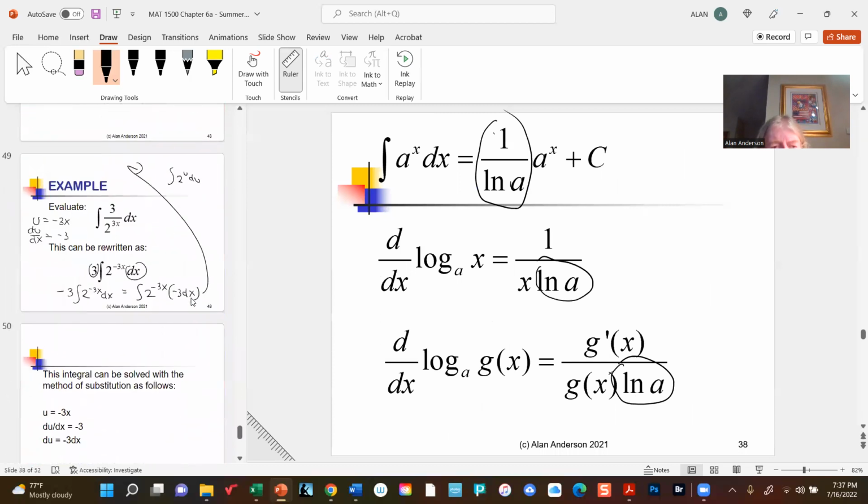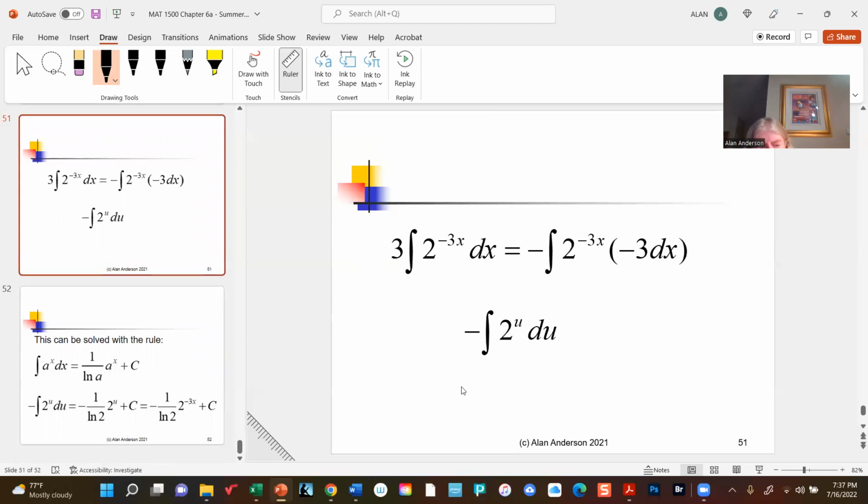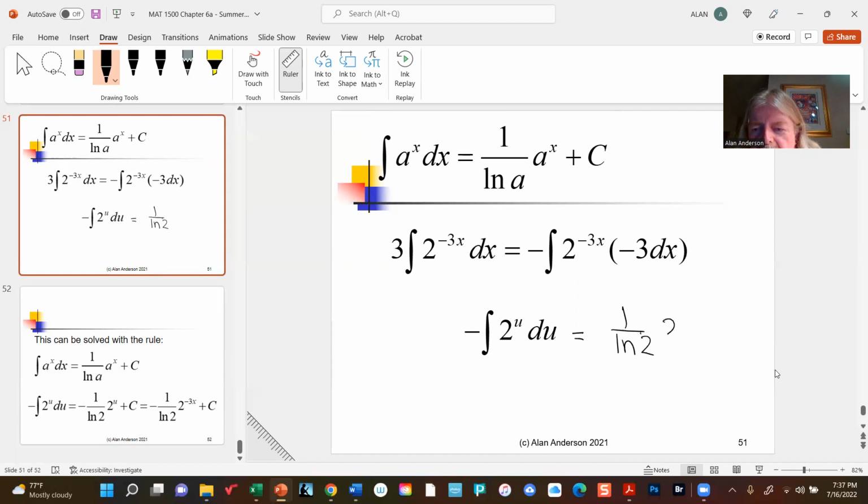So the method of substitution was needed to bring this into a format that we can use with one of our existing rules. Instead of a to the x, we have 2 to the u, but it's the same thing. So we'll have 1 over log 2 times 2 to the u plus c.